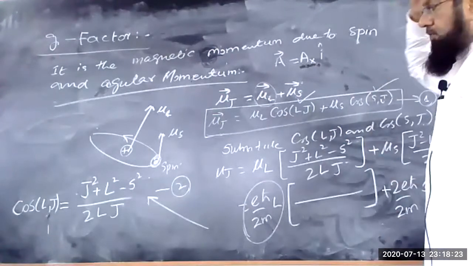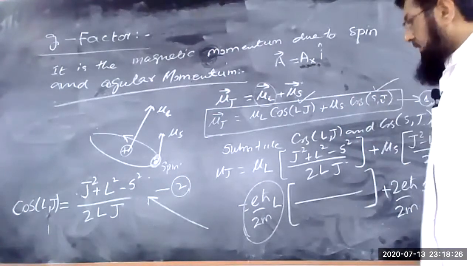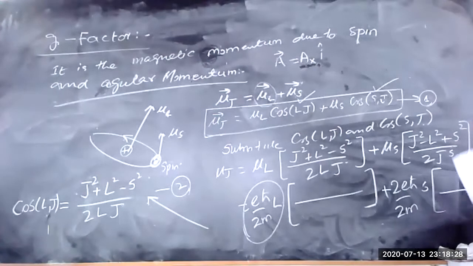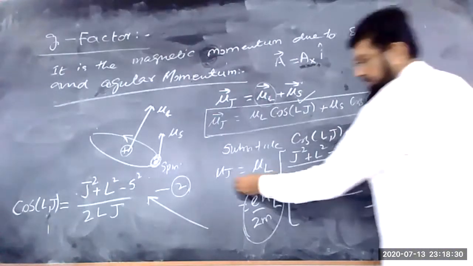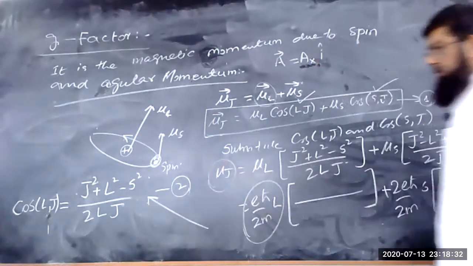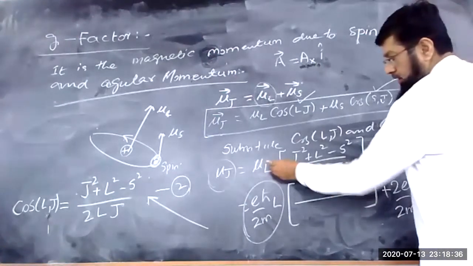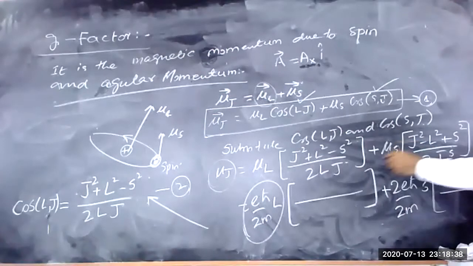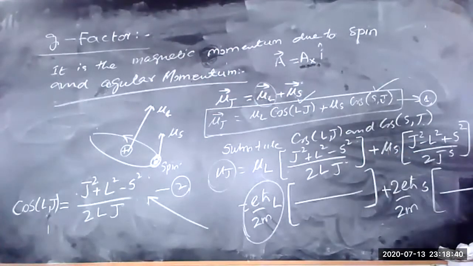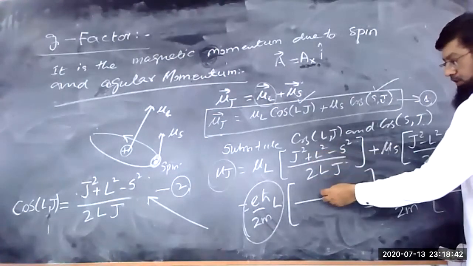In the last lecture, we were discussing the g factor. Simply, we have seen that mu of J, which is the total magnetic moment due to the orbital angular momentum and spin, is equal to this. Now we have to put these values in this equation.